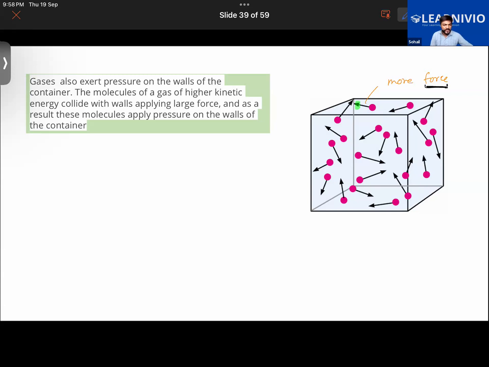Which factors will determine the pressure exerted by a gas?